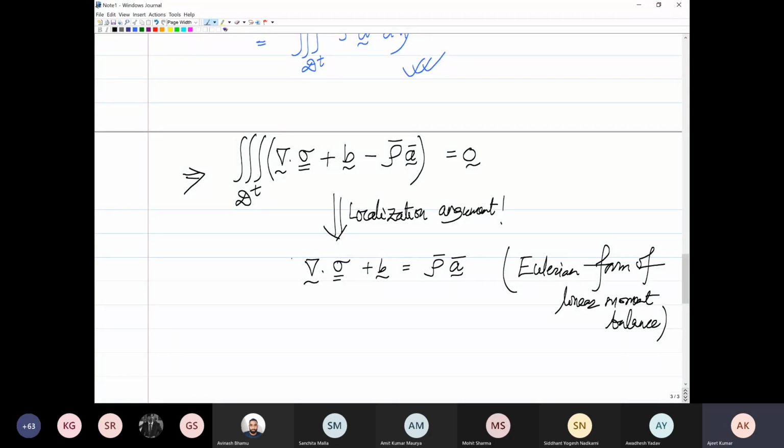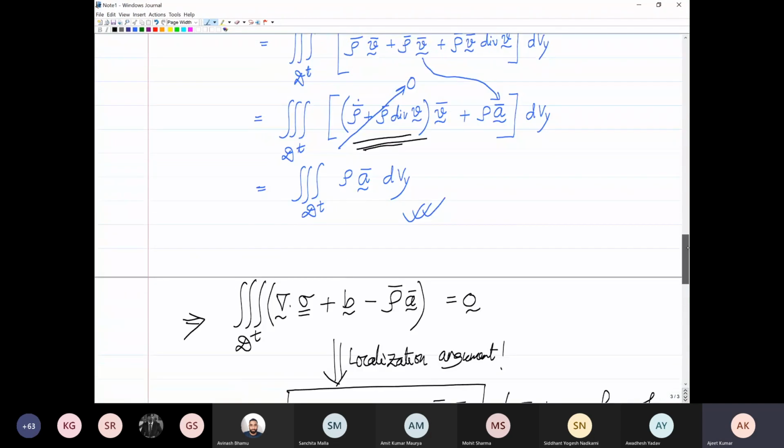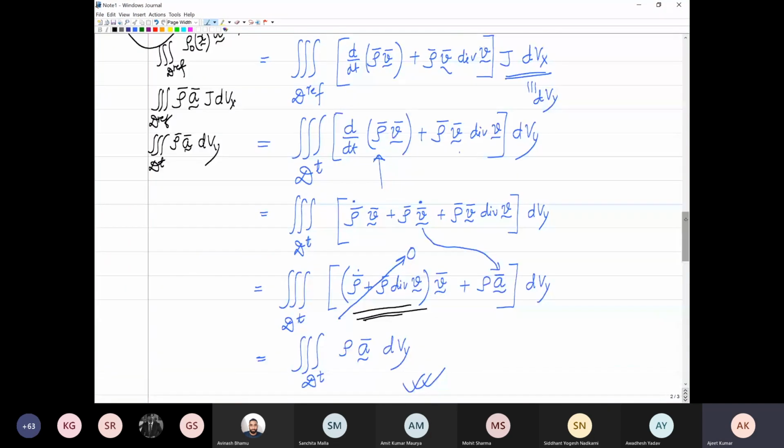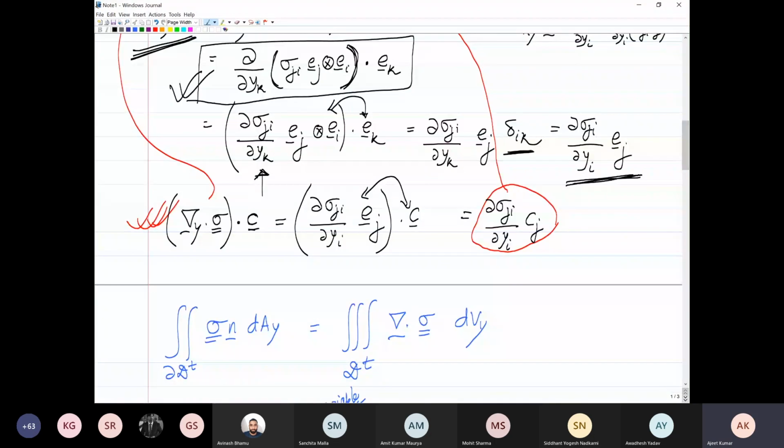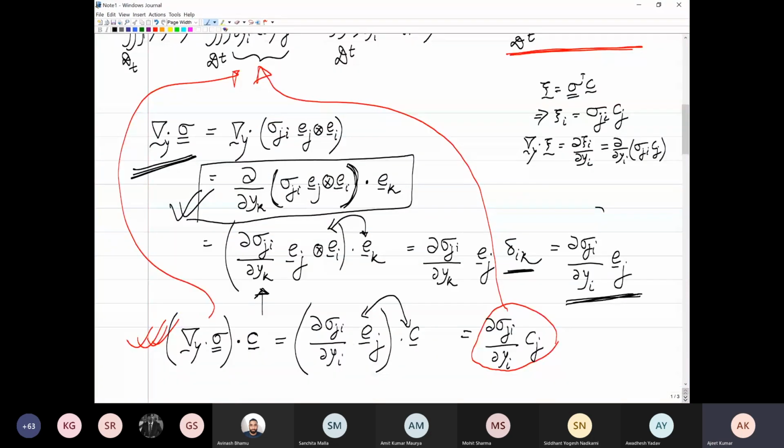You can also think of writing this in component form. If you want to do it in the component form, then you first have to write down divergence of sigma, and you have already seen what divergence of sigma is. So look here, divergence of sigma is this thing over here, del sigma ji over del yi ej.